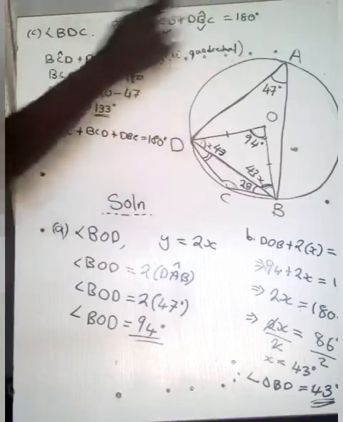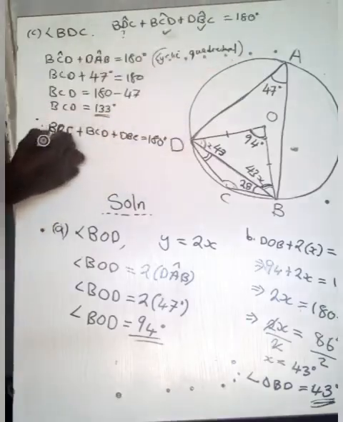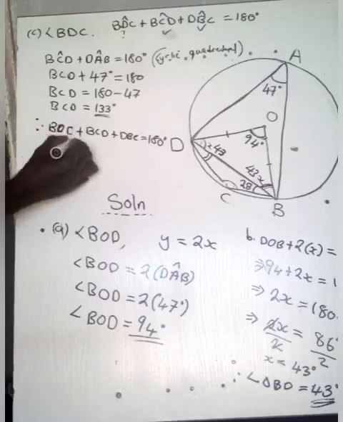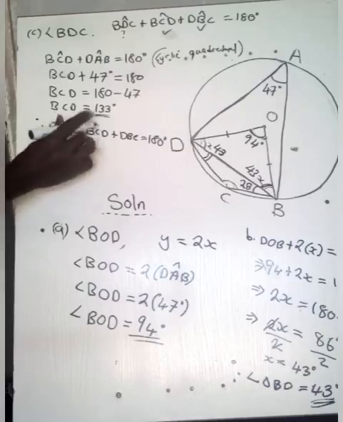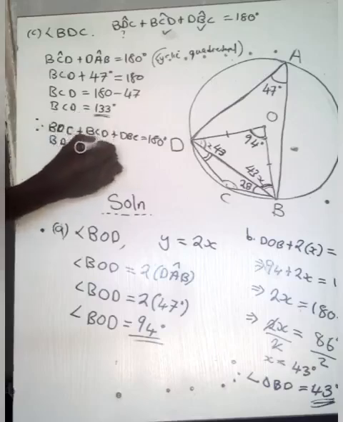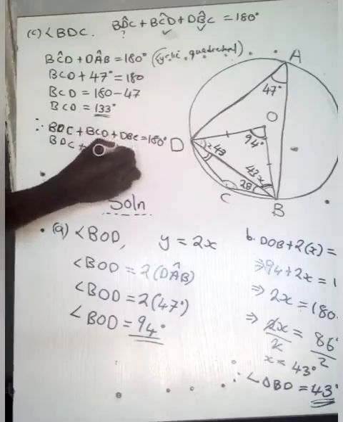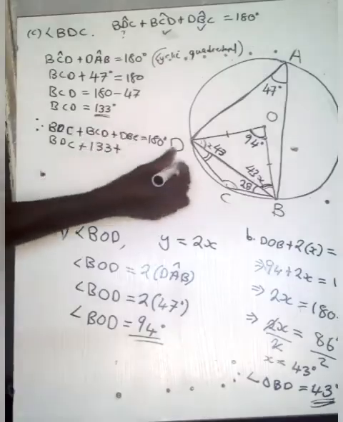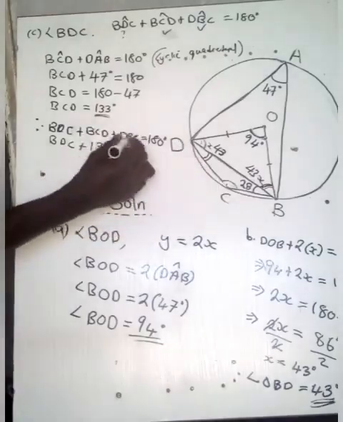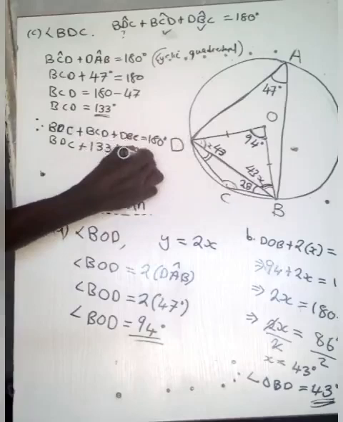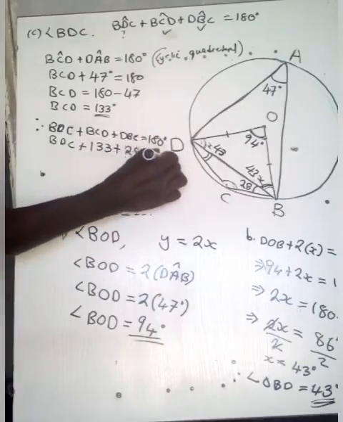I'm just writing this formula here. And what do I know? BDC plus BCD, which I know is 133, plus DBC, which is 28, should give me 180.